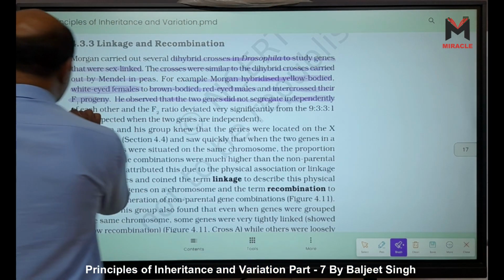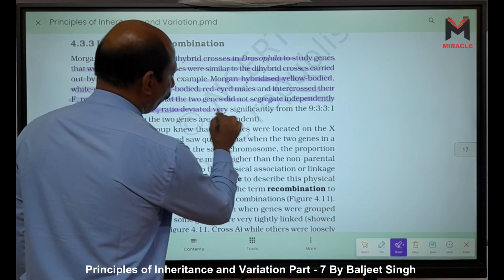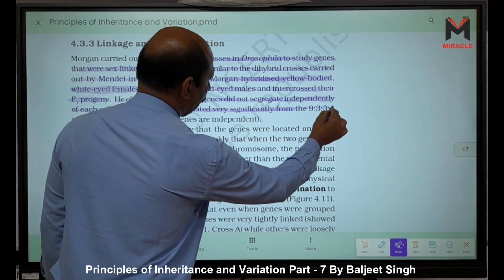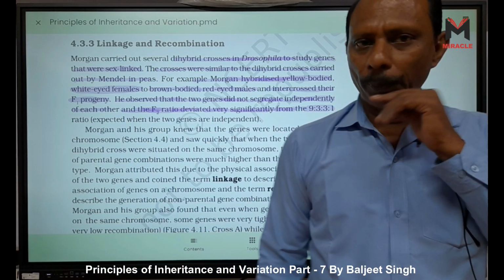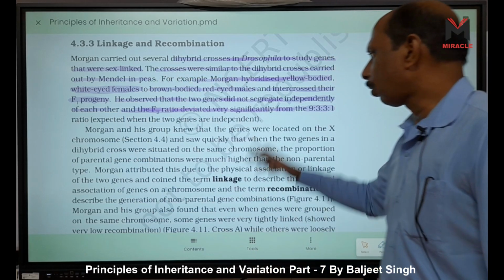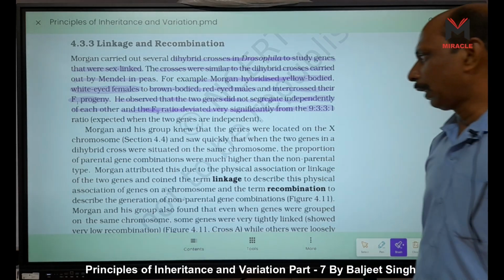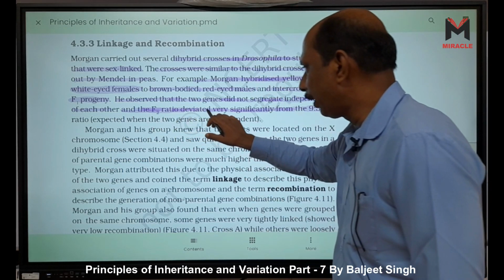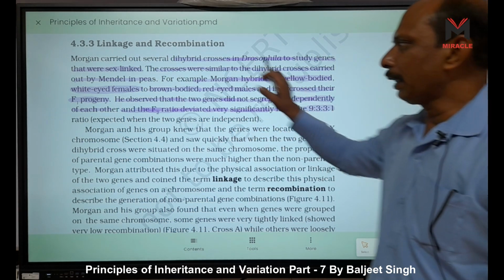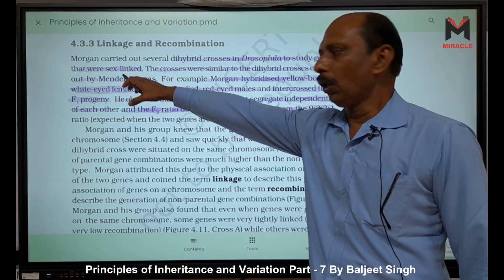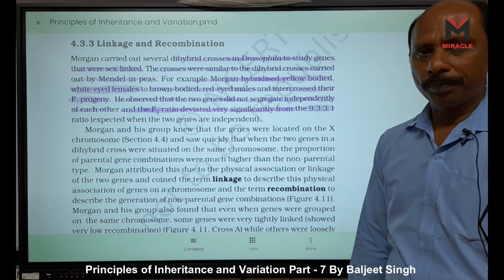And the F2 ratio deviated very significantly from 9:3:3:1. This 9:3:3:1 is obtained in case of peas, but it is not obtained in case of Drosophila. It is different, right? Mendel got this ratio in the F2 generation when he crossed a dihybrid cross in peas.